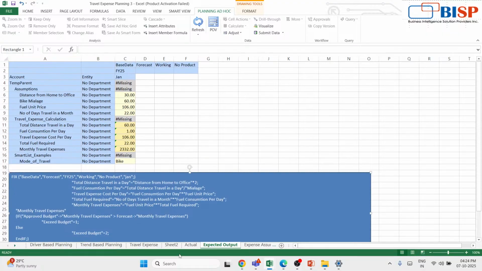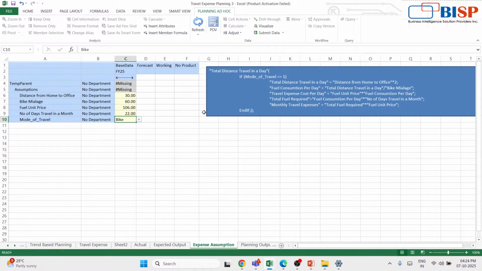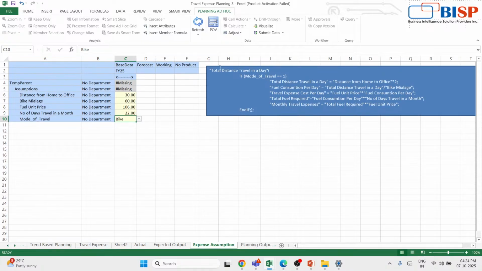The same way here for the expense, total distance traveled in a day. If mode of travel equals 1, it means the bike is the mode of travel. Then total distance traveled in a day equals distance from home to office multiplied by 2.